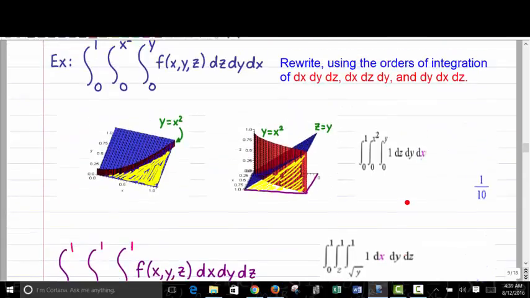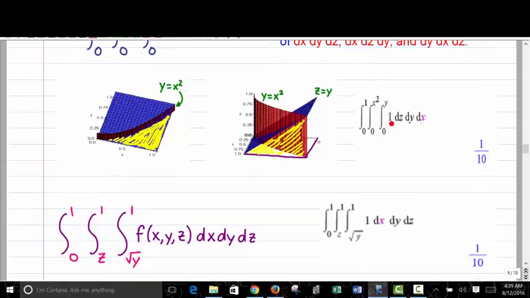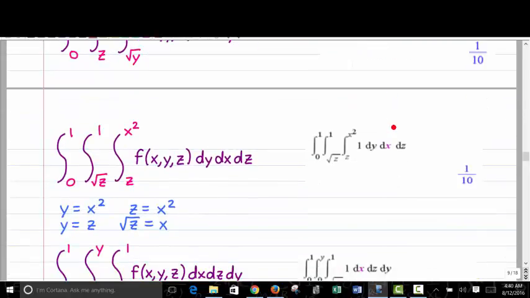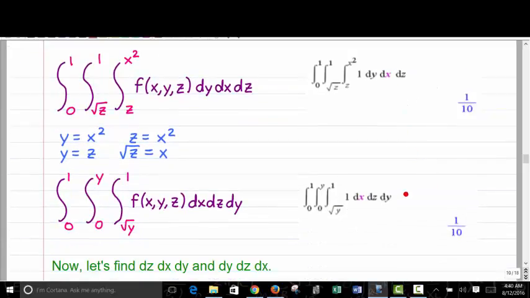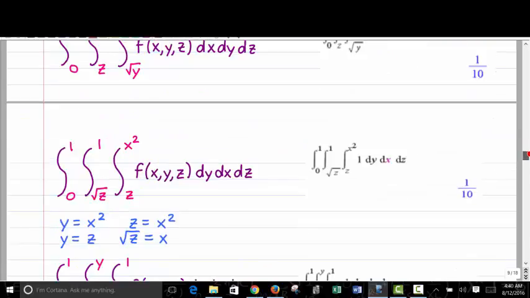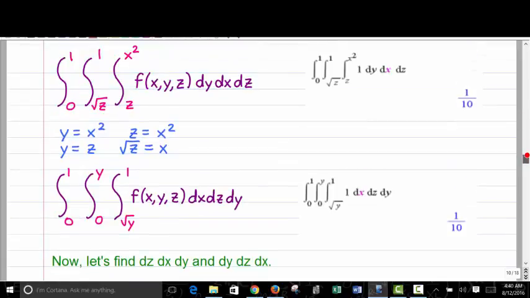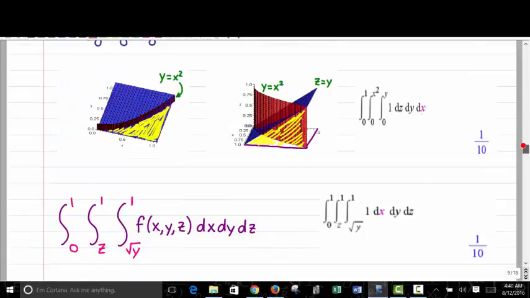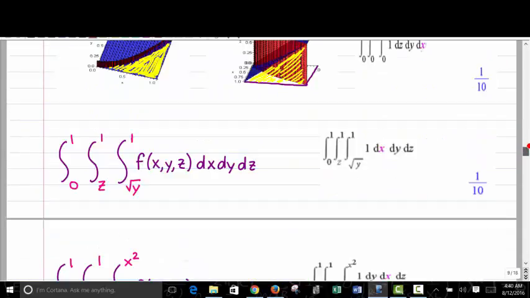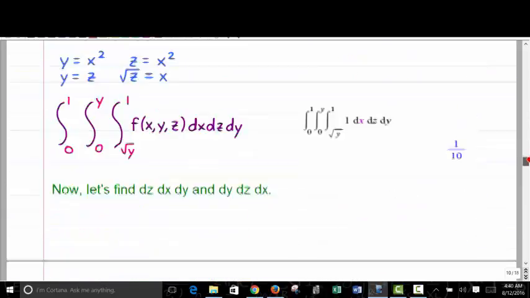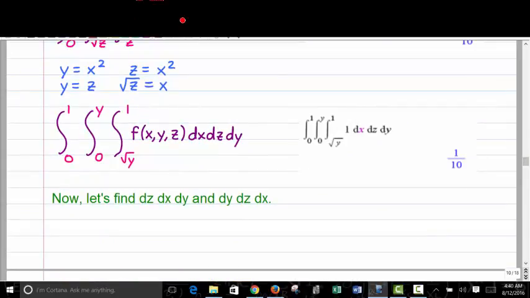Now what's the next order? Which obviously I can see when I see the problem, but dx, dz, dy. Right here. Looks like I reversed the order there, didn't I? No harm. Actually, maybe I will. I can either reverse the instructions or just reverse the picture here.